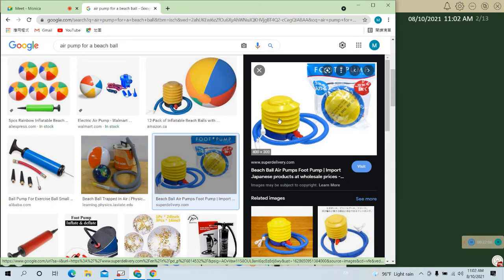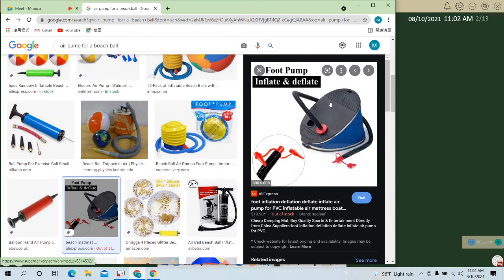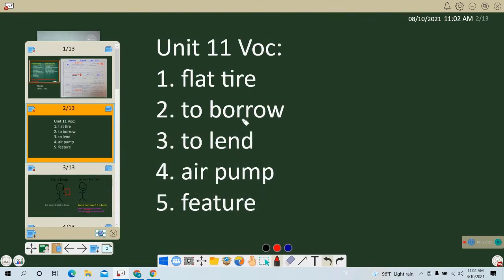You use your foot and then it can put some air inside. This one too is a foot air pump. Okay, so there are different kinds of air pumps.